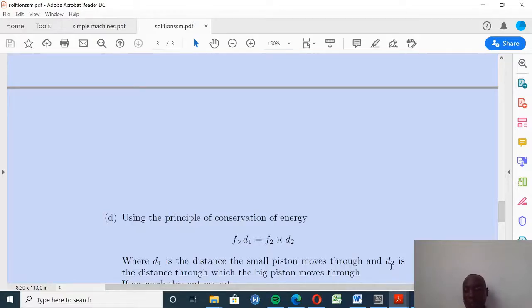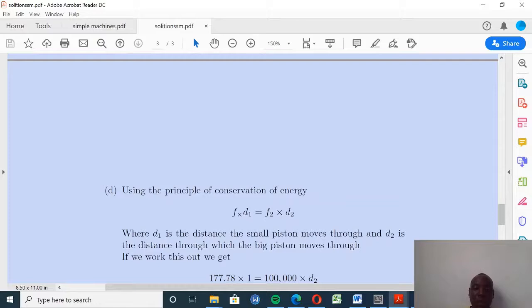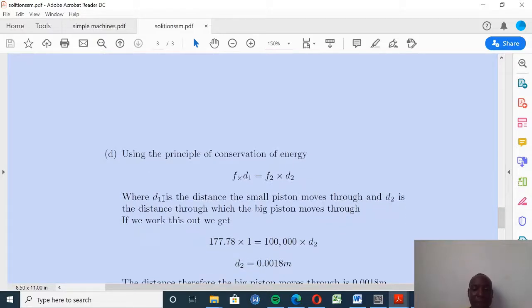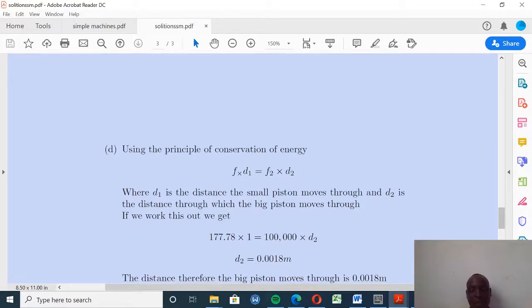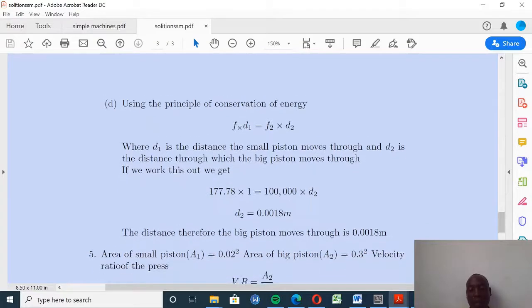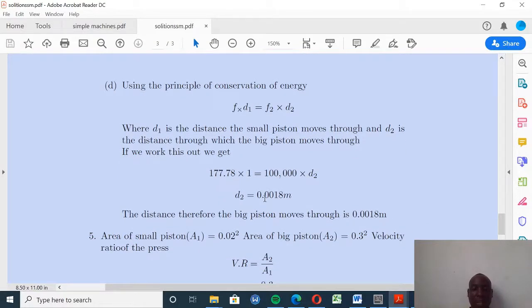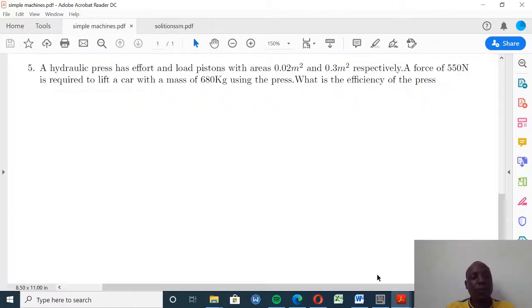So effort times effort distance should equal load times load distance, where D1 is the distance the small piston moves through, and D2 is the distance through which the big piston moves. If you work this out, 177.78 times 1 is going to equal 100,000 times D2, from which we get D2 as equal to 0.0018 meters.